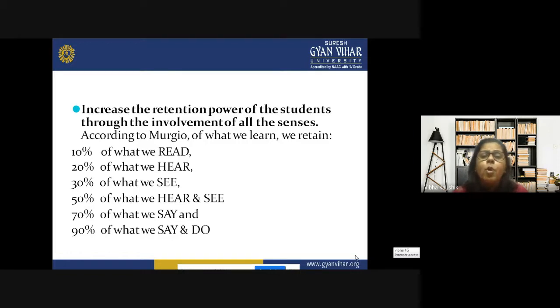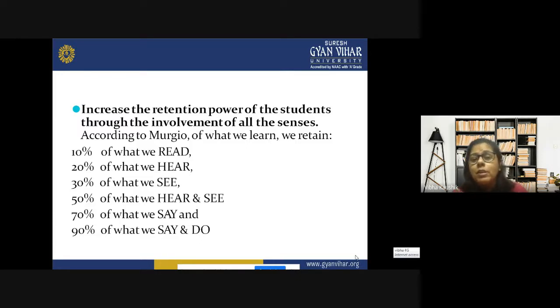According to Marvin, of what we learn, we retain 10% of what we read, 20% of what we hear, 30% of what we see, 50% of what we hear and see, means we are only able to retain that much information. 70% of what we say and 90% of what we say and do.